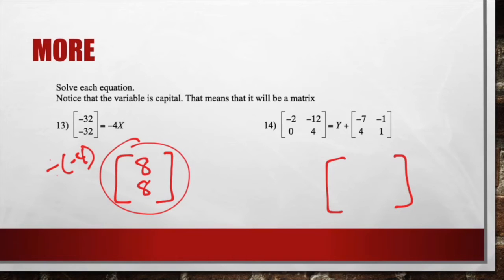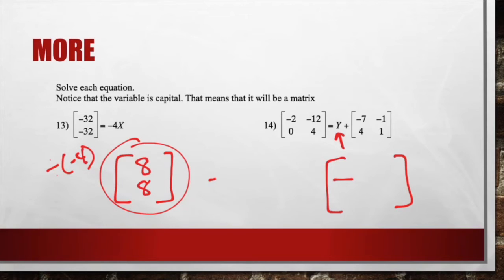And that means that that's Y. And this top left plus the negative 7 is going to give us a negative 2. We could just subtract. We could just think about what it's going to be, or we can do some kind of algebra.